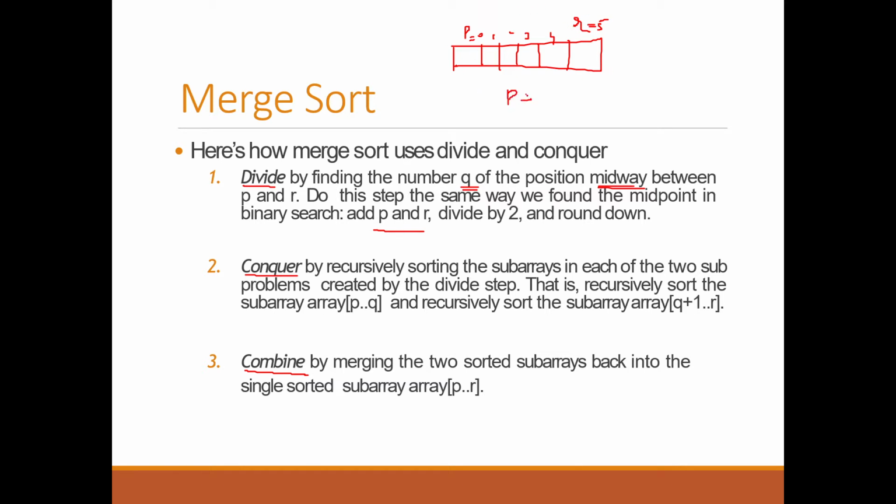We will be adding the indexes and dividing by 2. So add these indexes, divide them by 2 and round down. Okay, so this is 0 plus 5 by 2. So here it is rounded down. So we get 2 as the midpoint. So here we will be dividing at this position.